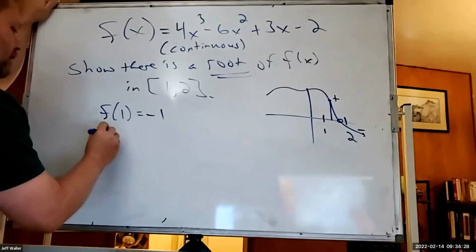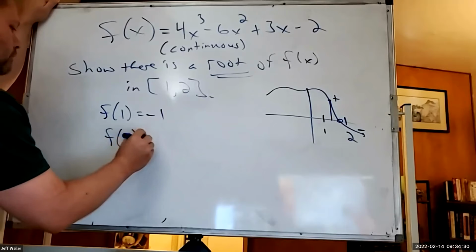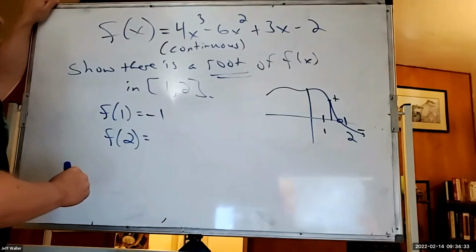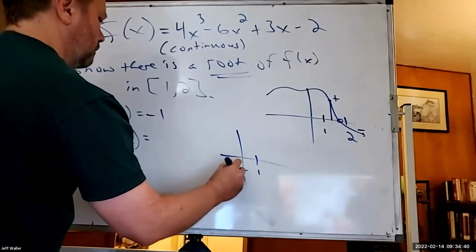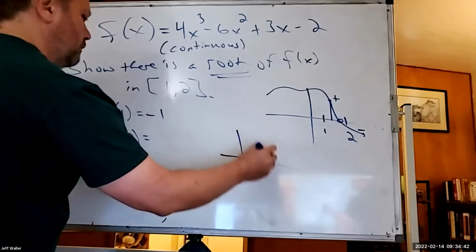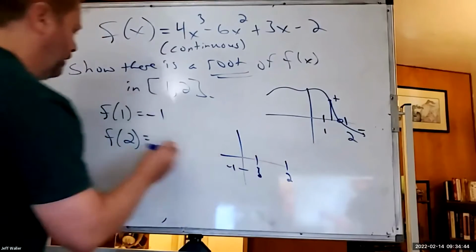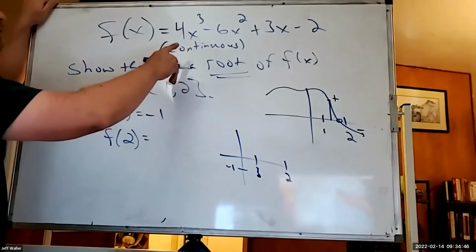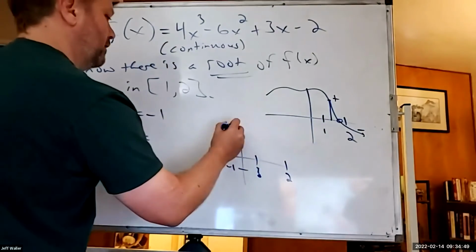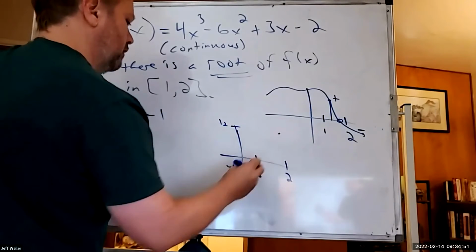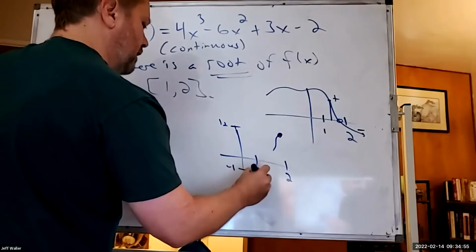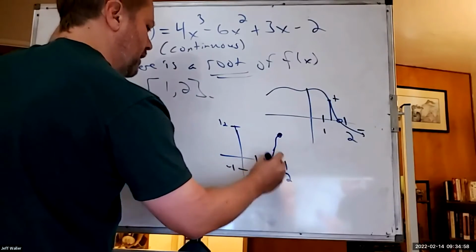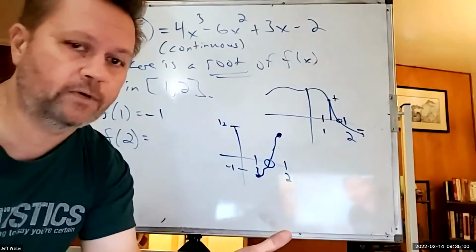What is f of 2? 12. So f of 2 is 12, is that right? All right, I'll take your word for it. My scale is off, that's too bad. So basically at 2 it's up here, and at 1 it's down there. Somewhere in the middle it's got to go through. That's the only way they can connect, right?